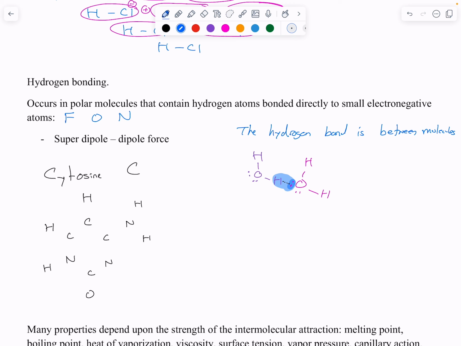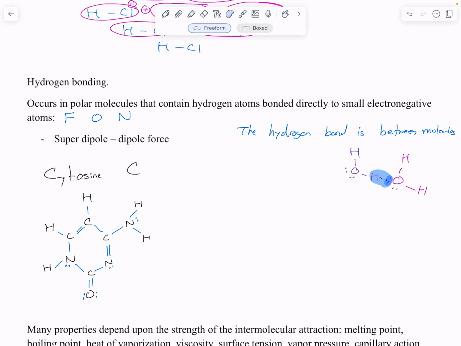And we bond everything. So there we go. And then another one. I actually have to move this over.